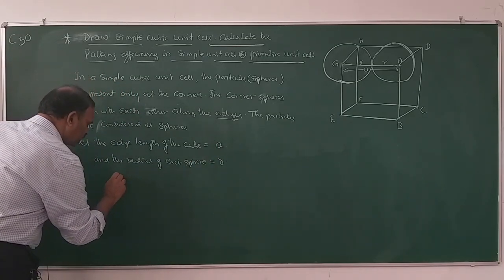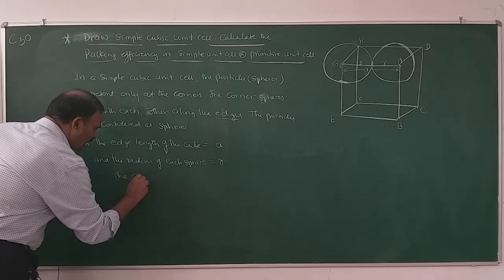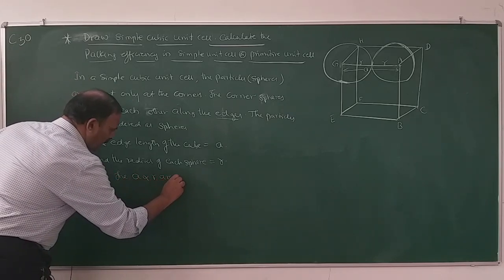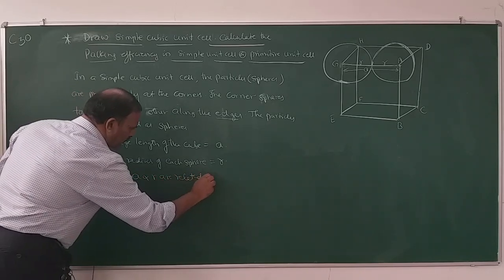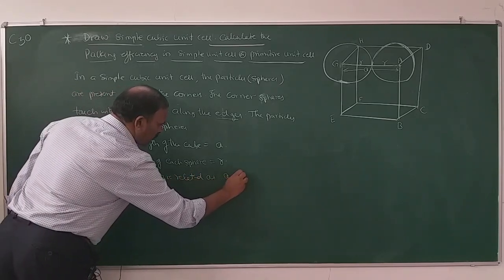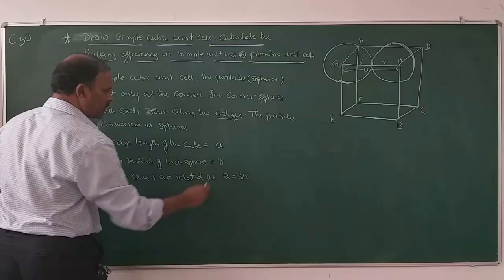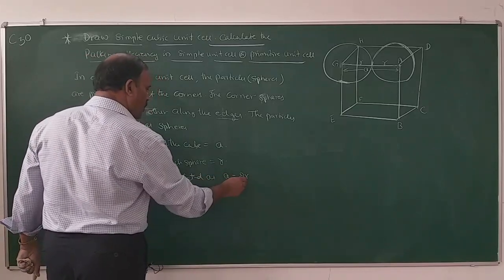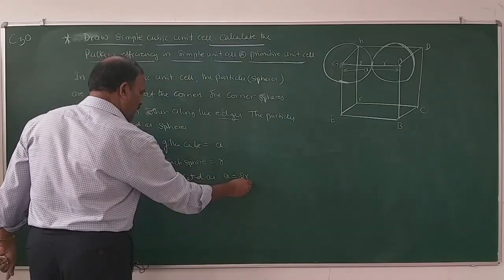Then a and r are related as a equals 2r. Edge length is equal to 2 into radius.